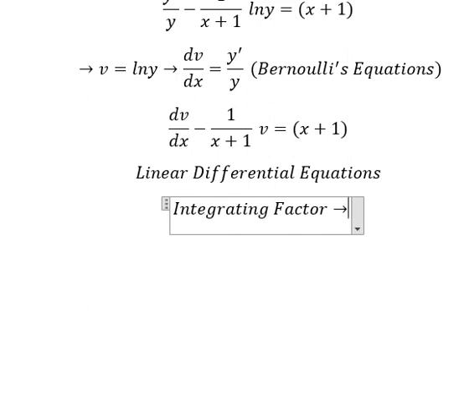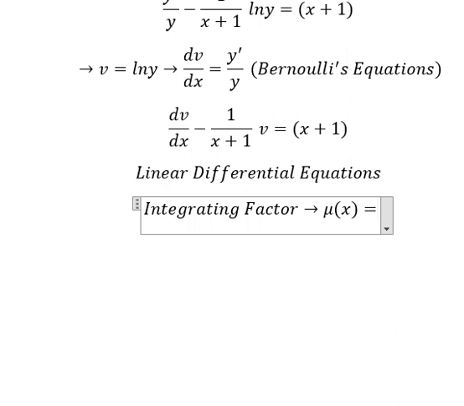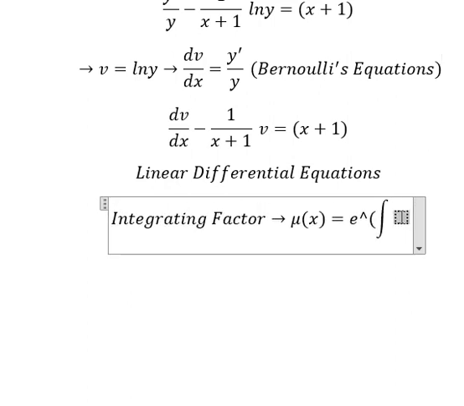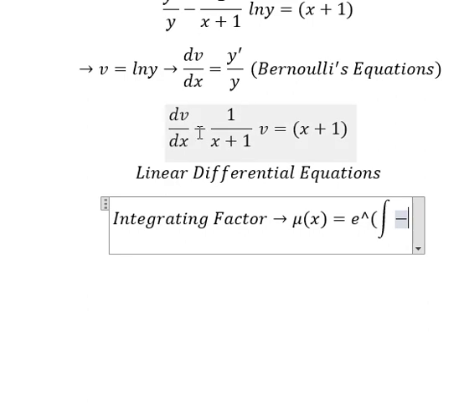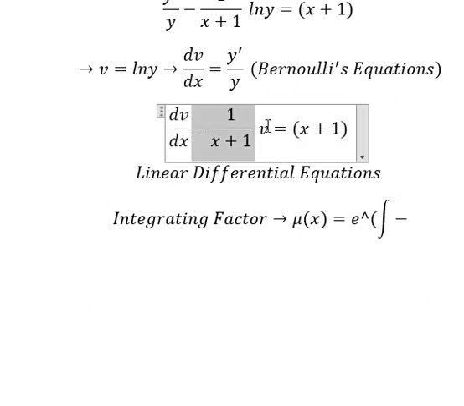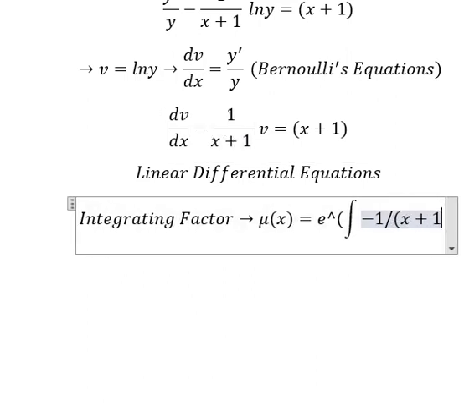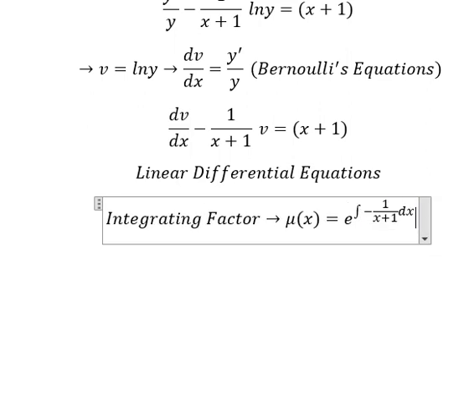So we need to find mu of s equals e to the power of the integration. We need to know that the term next to v is for the integrating factor. So we put this one here.